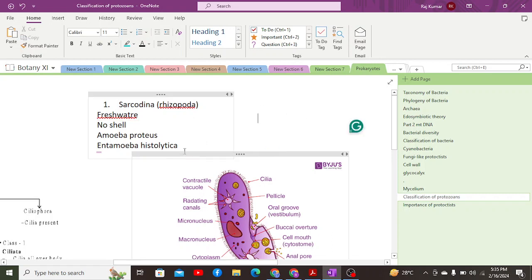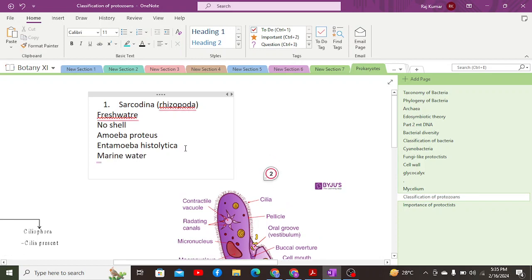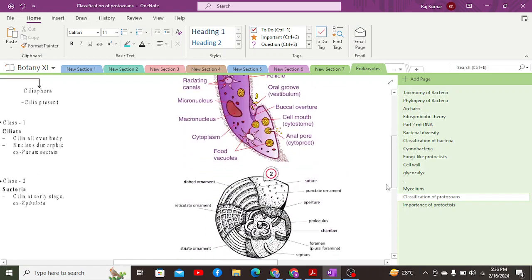On the other hand, marine water sarcodines basically involve the foraminifera. These live in marine water, and they have a shell made up of calcium carbonate, as you may see in the diagram.